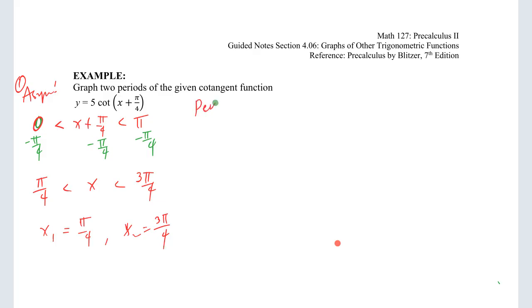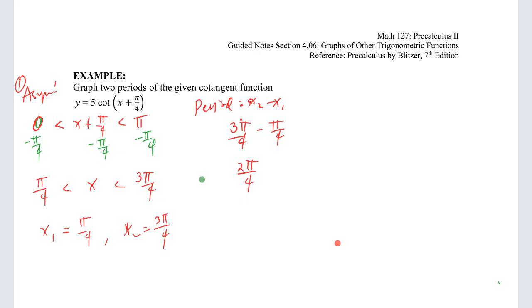We know that the period is x2 minus x1. So x2 is 3 pi over 4 minus pi over 4, which gives us 2 pi over 4.